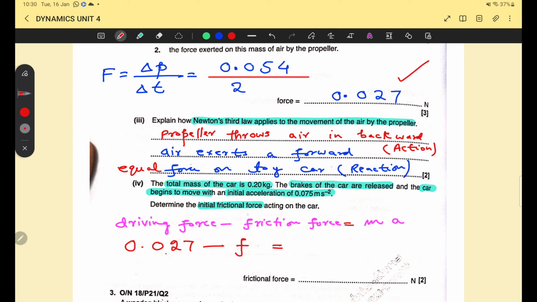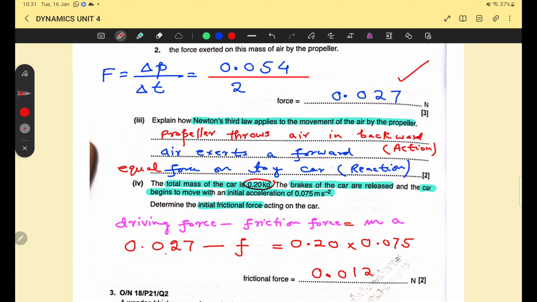m is the mass of the car, mass of car is 0.20 kg. Acceleration of car is 0.075. So if you make force of friction the subject, then you will find force of friction will be 0.012. Calculation is not difficult, but the main thing is there are two forces acting on the toy car.